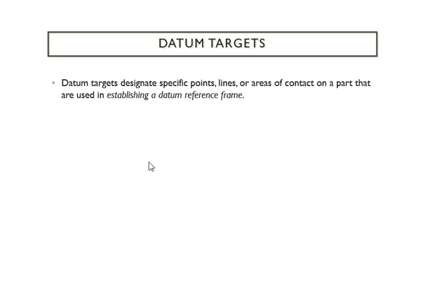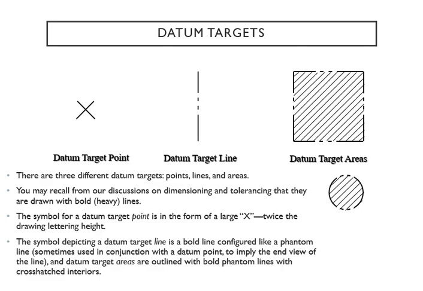So let's see, datum targets designate the specific points, lines, areas of contact on a part, and we're going to use them in establishing a datum reference frame, okay? So here are the datum target symbols, line, target areas, and then also like this, okay?